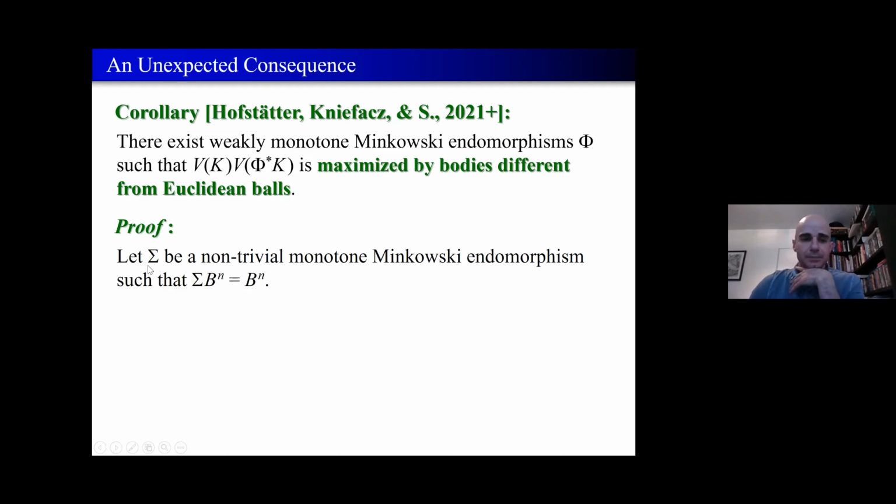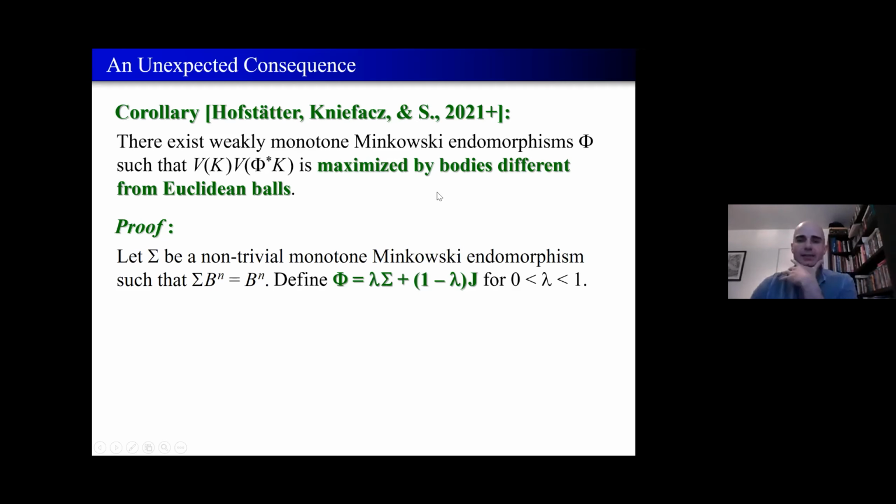We start out with a non-trivial monotone Minkowski endomorphism. So remember that for the monotone ones, we had the inequality that this volume product is always maximized by balls. To make formulas a little bit nicer, let's assume that we normalize the map such that the Euclidean unit ball is mapped to the unit ball. Balls are always mapped to balls, so this is really just a normalization of the map capital sigma.